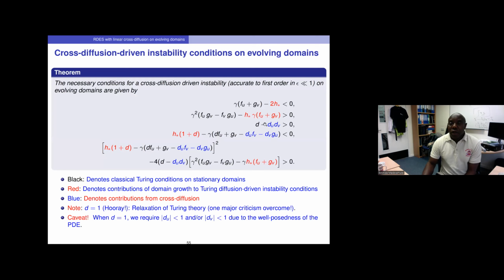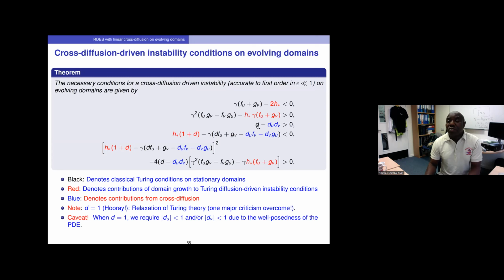Now, it's important, I said before that d cannot be equal to 1, but now I can set d equal to 1. Instead of just controlling the leading terms, h star, 1 plus d minus gamma d times f of u plus gv, I have these extra terms from the cross-diffusion that allow me to control the master diffusion d. In particular, for the well-posedness of my PDE, I need the determinant of the diffusion matrix to be positive.